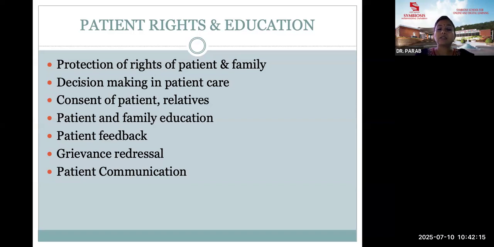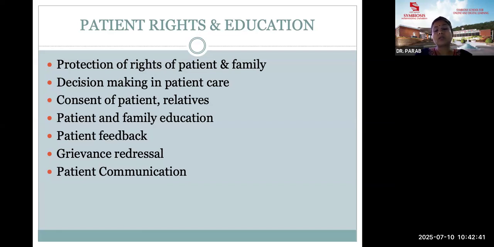Patient feedback is a very important aspect of care, because we believe that quality can improve when the patient gives us a very genuine feedback of his experience, right? So it's up to the hospital how they want to collect the feedback, in the form of a Google review, or in the form of a feedback form, or in the form of a verbal interview.